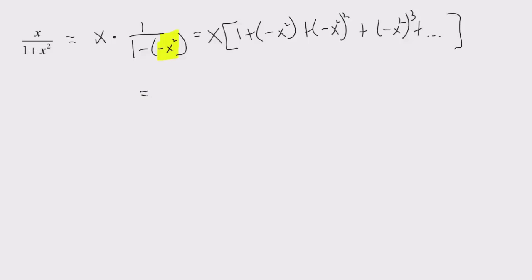And then I just multiply that x in and try to simplify some of the exponents out. So that would give me x minus x cubed plus x to the 5th minus x to the 7th.